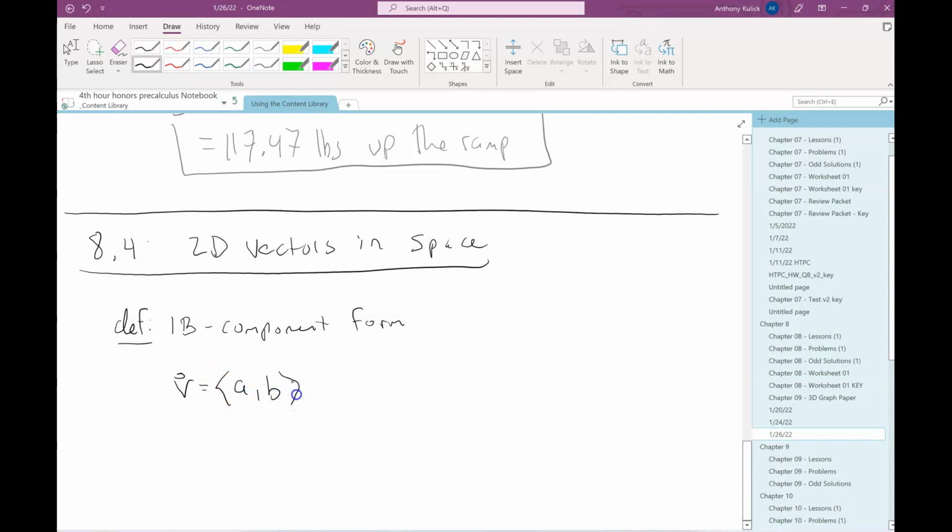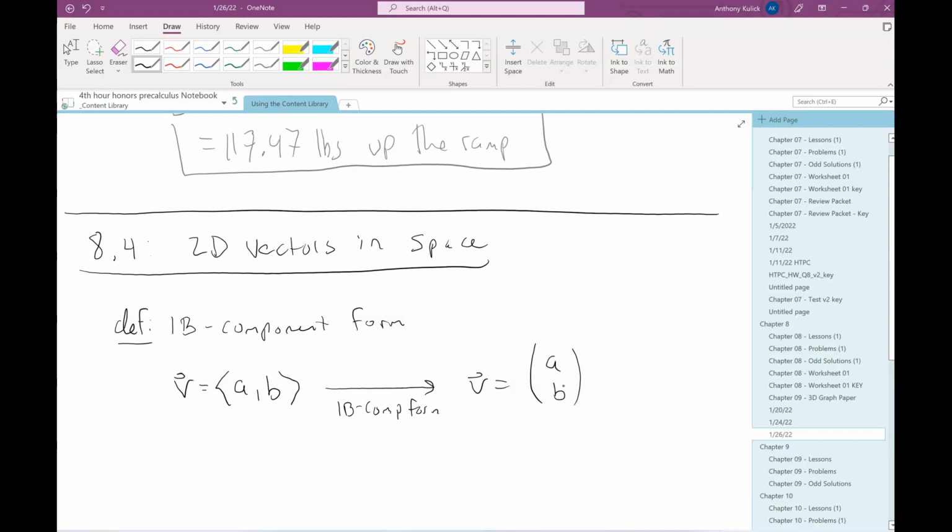So if we have a component form vector, it looks like this. Our IB component form vector, we're just going to write as a, b as a column. Notice that there's not a bar in between the a and the b. It's not a fraction that we're writing.